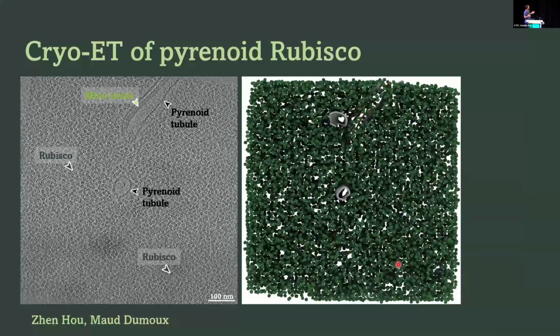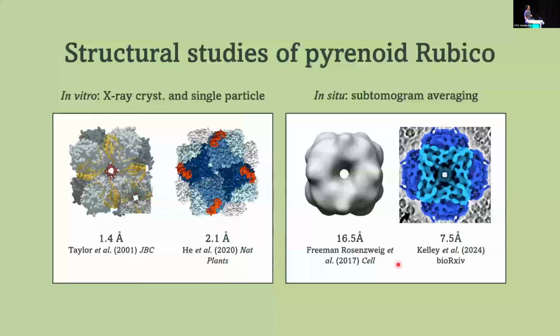You can get as many particles as you want. However, if we look at the literature, on one hand, it's very easy to get rubisco, to purify it, and to get high resolution structures of it. It has been done for decades by crystallography, and also more recently with single particle. And it's rock solid, so you can get very nice structures of it.